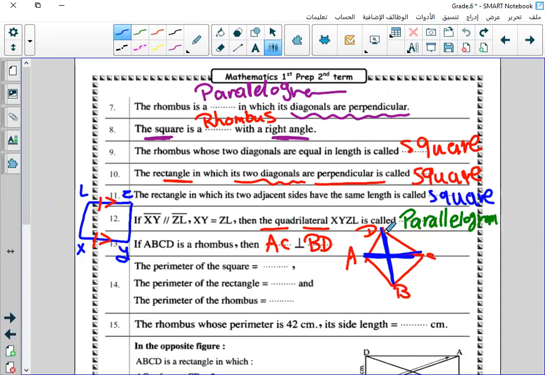The two diagonals of a rhombus are perpendicular. Number fourteen.